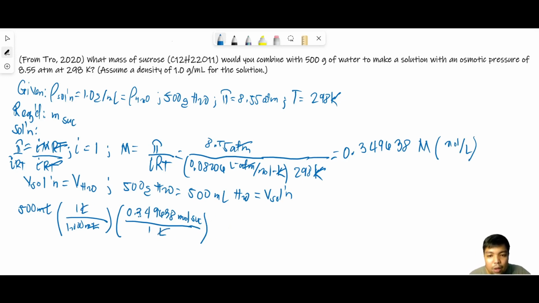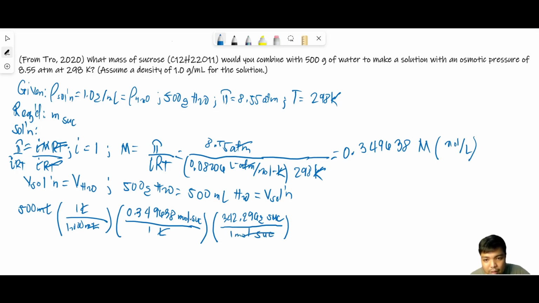Then, since we will get the mole from this expression, we will now use the molar mass of your sucrose to get the mass of the sucrose that will be needed to prepare this solution. I have already calculated the molar mass of your sucrose, which is 342.296 grams of your sucrose per 1 mole of your sucrose.